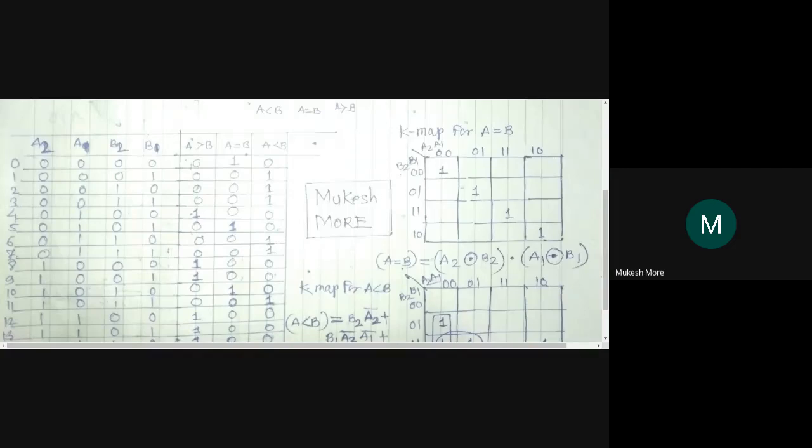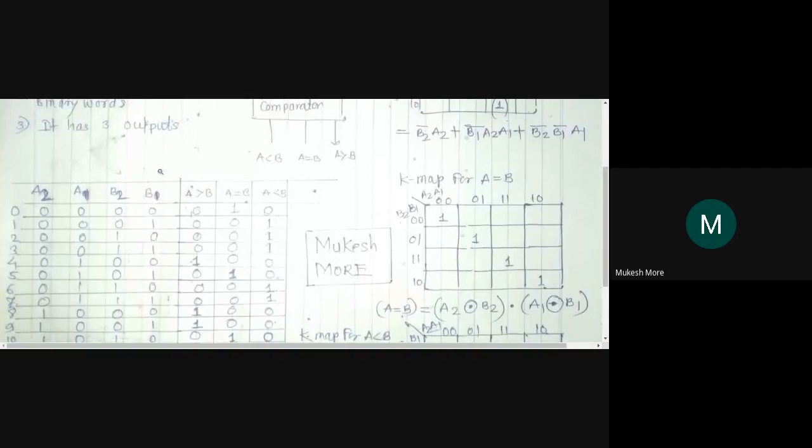There are 4 variables, so 16 possibilities. In the first row, B1, we will write 0101 up to 15. In the second row, B2, we will write 0011. In the third row, A1, we will write 4 times 0, 4 times 1. And in the fourth row, A2, we will write 8 times 0, 8 times 1. So these are the inputs of word A and word B.